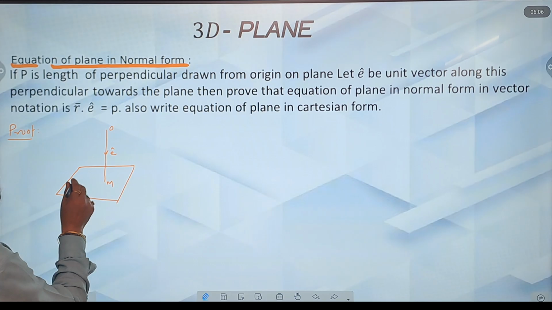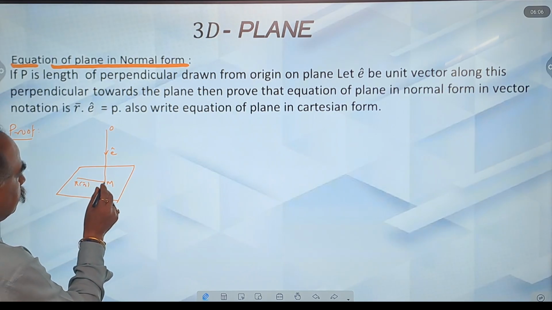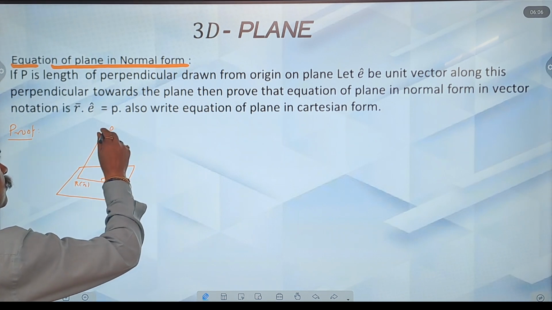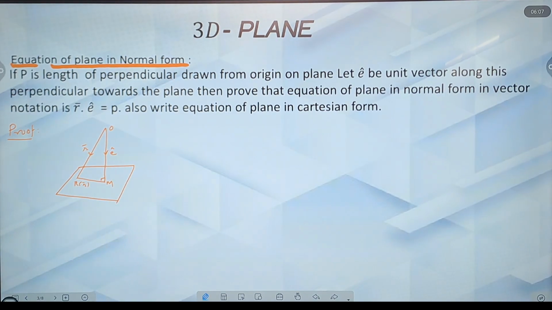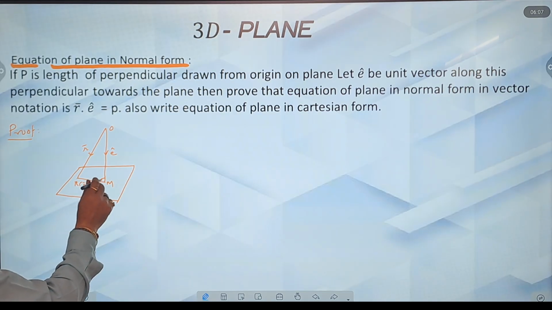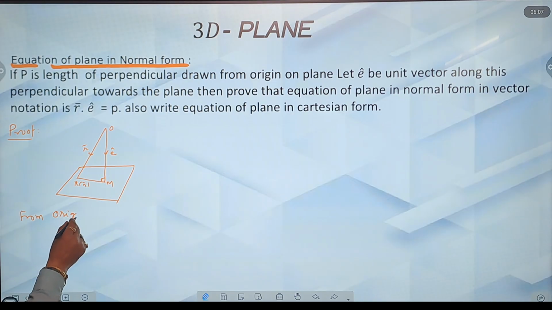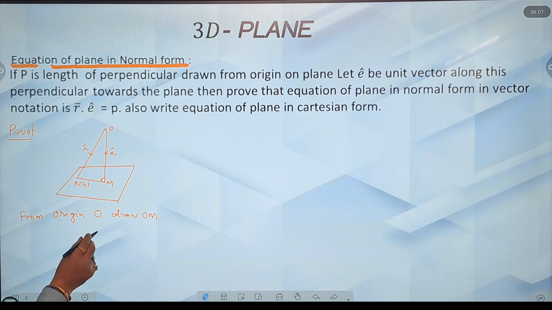Let R bar be any point on the plane. From origin O draw OM perpendicular on the plane.